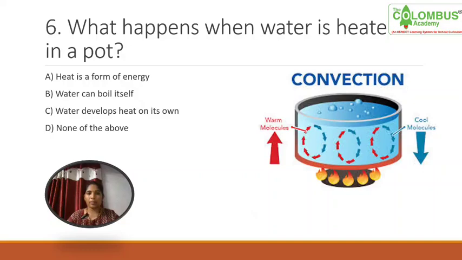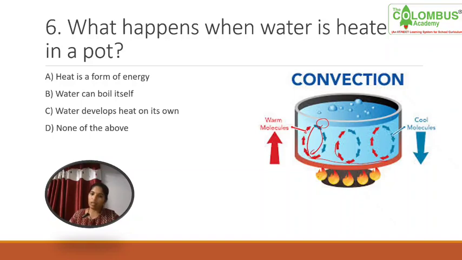So, what is the answer? Conduction. What happens when water is heated in a pot? See, this is the pot, and the pot has water, and I am applying heat. The water molecules at the bottom first heat up, and slowly they move up. The cold water molecules move down.